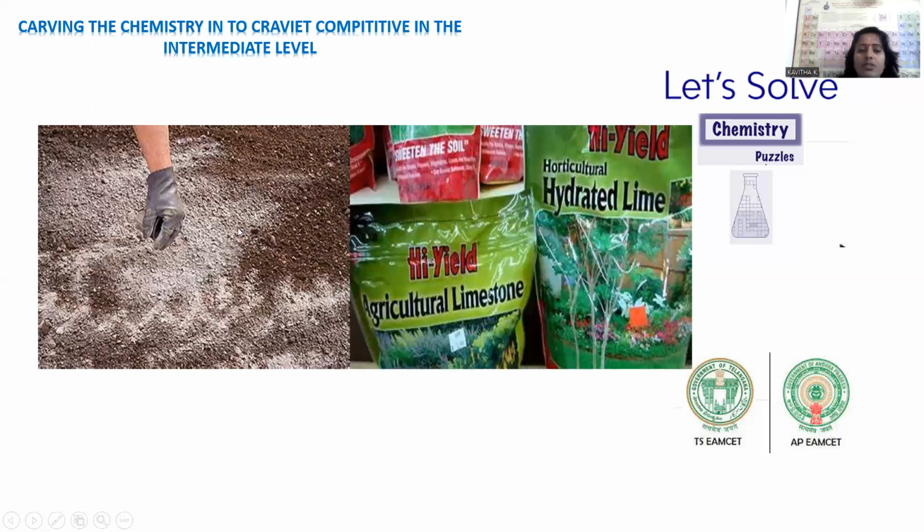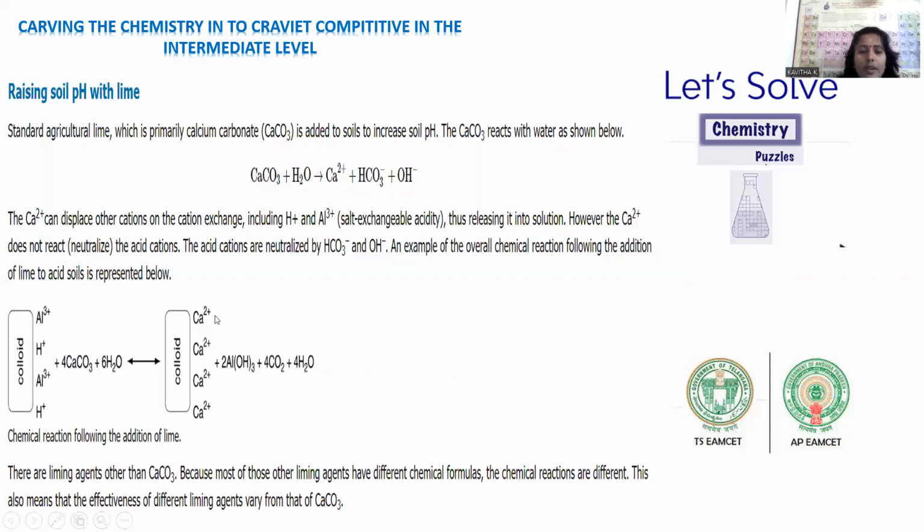You can mix it with the soil so that we can raise the neutrality of the soil, and it is preferable for growing on croplands. What is the reason? Raising the soil pH with lime. Whenever lime is added to water, the release of calcium 2+, bicarbonate and OH minus is possible, right?